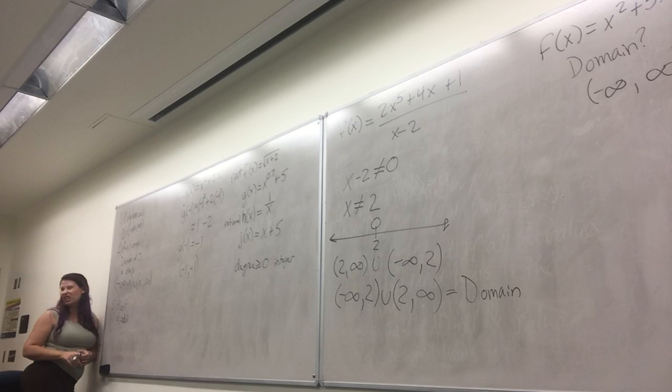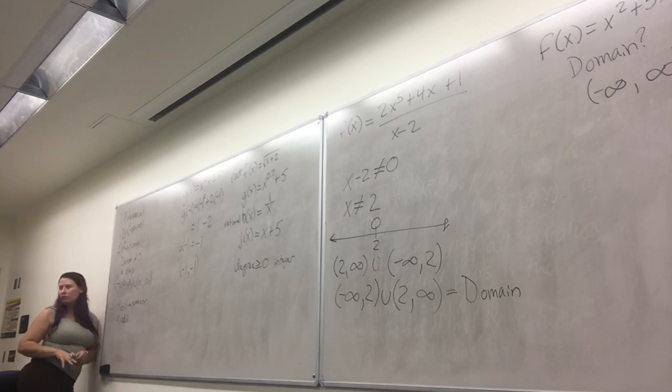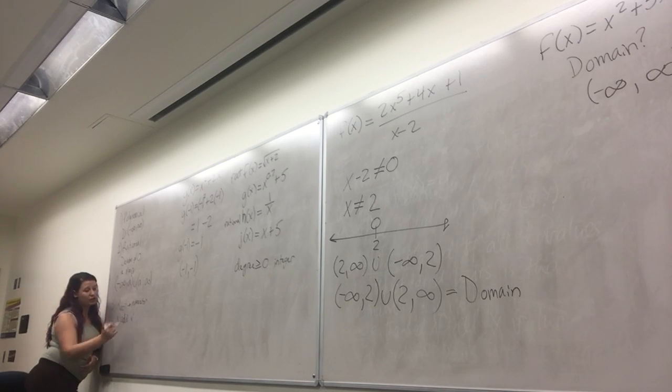If it's in the numerator, it's all good. So if the root function piece is in the numerator, then odd is all good, right? It's again negative infinity to infinity.